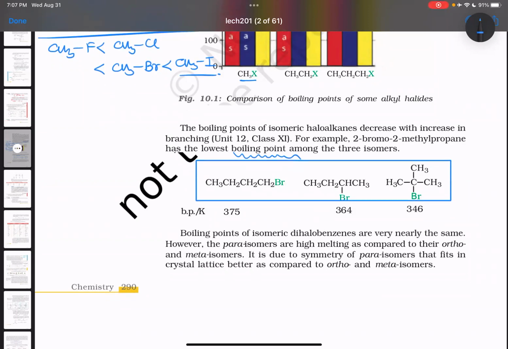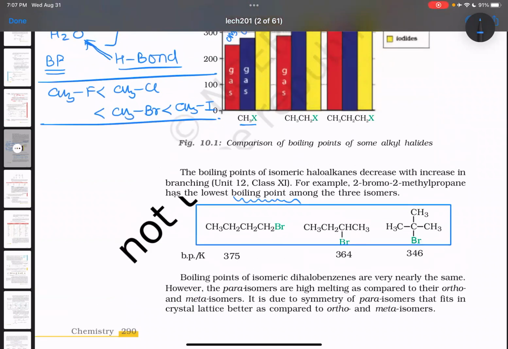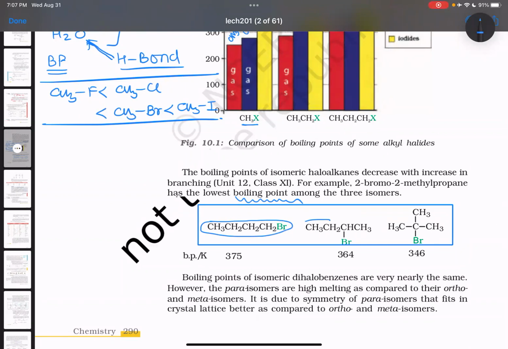It is not like the previous one. In that case you can consider the surface area. Take the molecule which is linear: all the carbon atoms have no branching, they are connected one after another, so it is a long linear chain. And suppose the Br is connected in the middle, so this is a branched chain and this is much more branched.